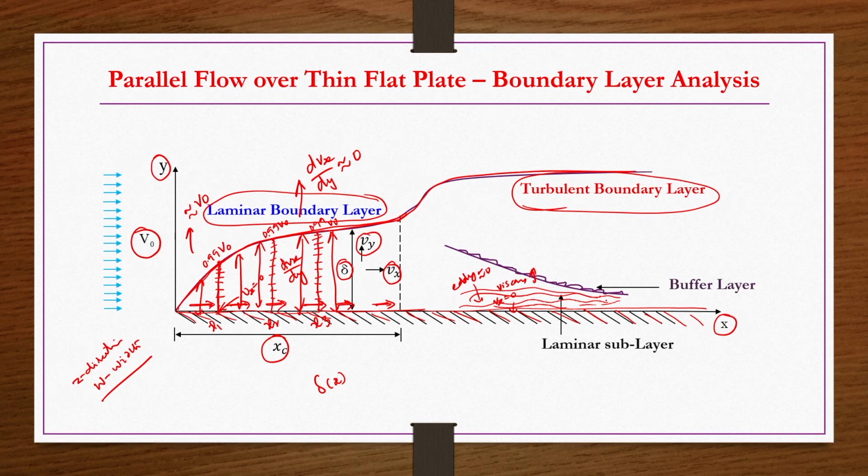This is a small region close to the surface, in which the viscous contribution is very high compared to the eddy contribution in the overall transport phenomena, and that layer we call the laminar sublayer. Though in the main core the flow may be turbulent, close to the surface, because of the no slip velocity and the steep velocity gradients at the surface, the eddy contribution is very small and the viscous contribution is more. This turbulent core and the laminar sublayer are separated by the buffer layer.